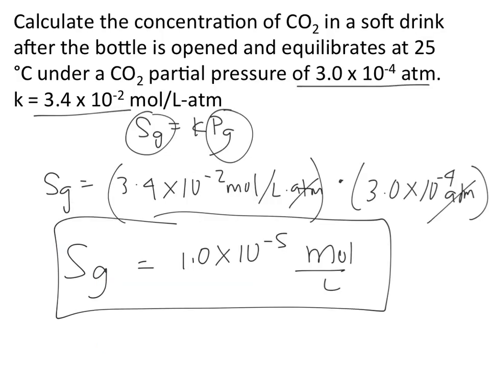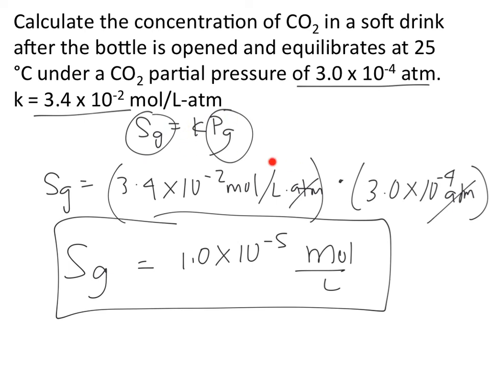So what we're going to be doing here is calculating the solubility, or the concentration rather, of CO2 in a soft drink bottle. Okay, so we're going to use Henry's law, and we have that situation here. It relates our concentration to our pressure times our constant.